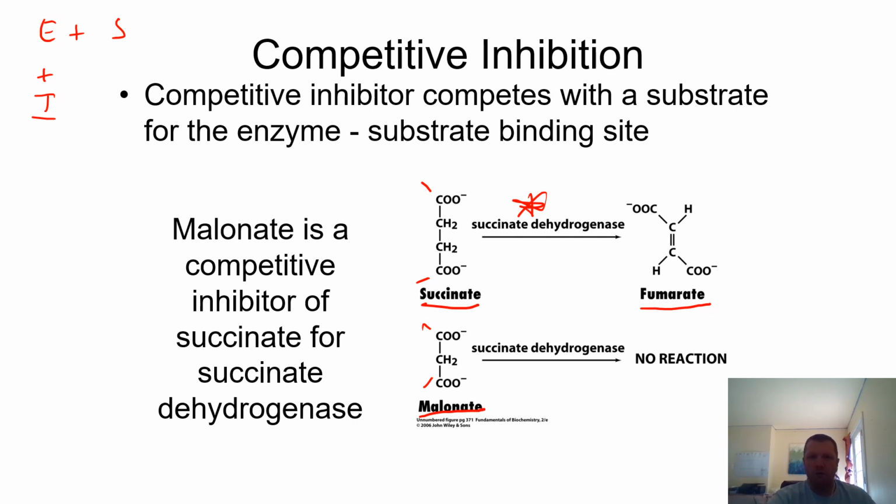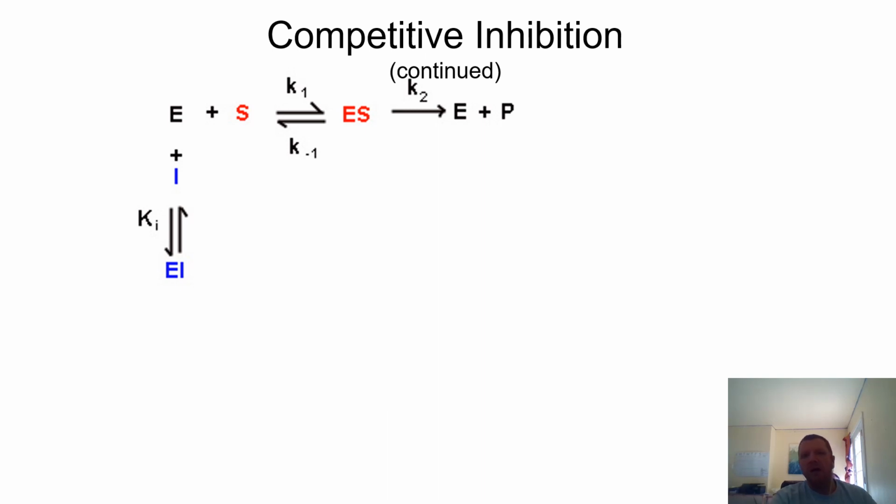Okay, now competitive inhibition works as we kind of discussed previously. The competitive inhibitor, I, will either bind to the free enzyme or the substrate will bind to the free enzyme. In the event that the competitive inhibitor binds, you have the formation of this EI complex.